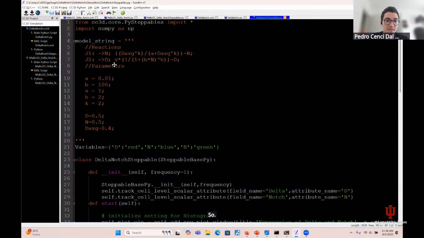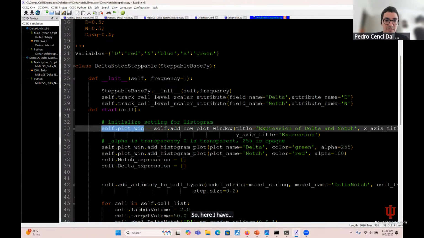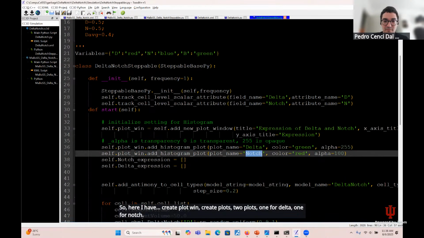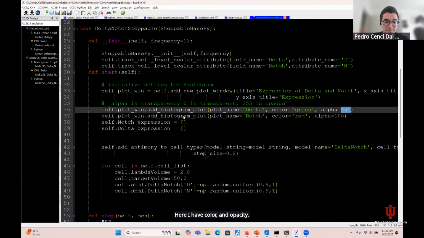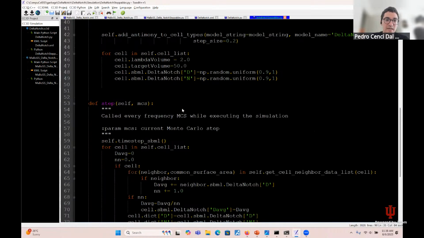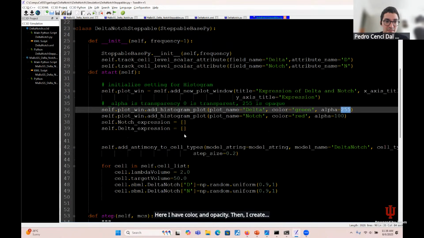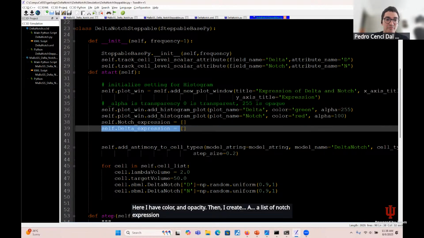So here I have create plot window, create plots, two plots, one for delta, one for notch. Here I have color and opacity. Then I create a list of notch expression and a list of delta expression here in the start function.